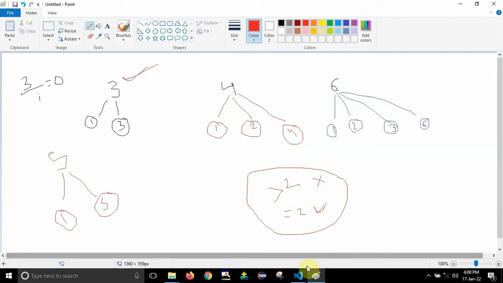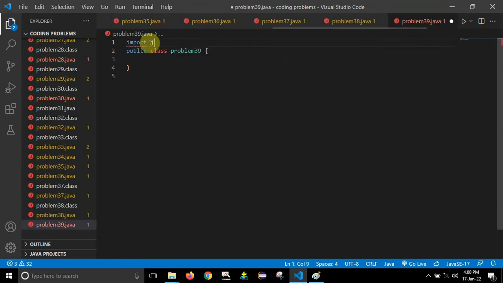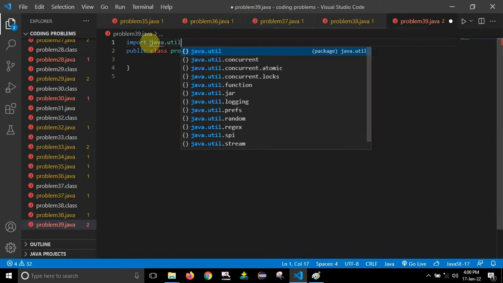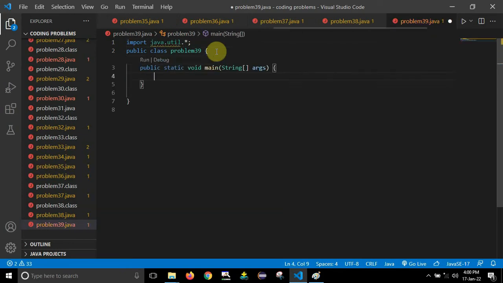Now let me go to VS Code and write the code over here. I will import java.util.*. I will use the Scanner class to take the input, and before that I will write a main method.